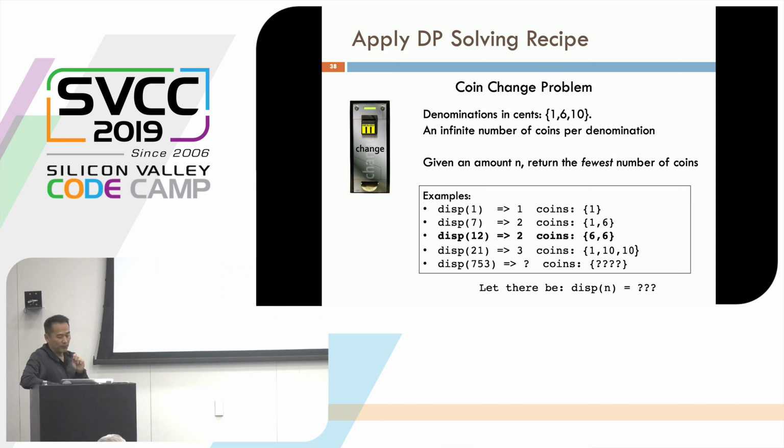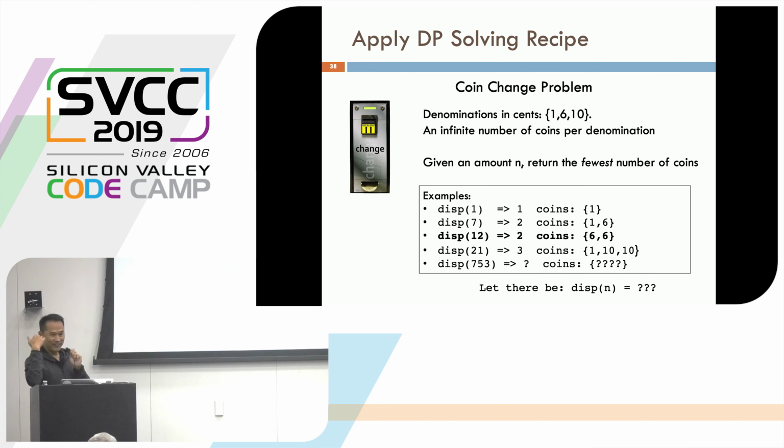But it turns out for 12, if you apply the greedy approach, it's going to fail. Right? It's going to give you back 3 coins. But using DP is going to give you 2 coins. Now, obviously, if the amount was small, then you can kind of work it out in your head, right? In terms of how many coins. But when you say 753, it's hard to count the number of coins, right?